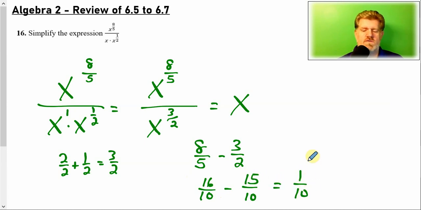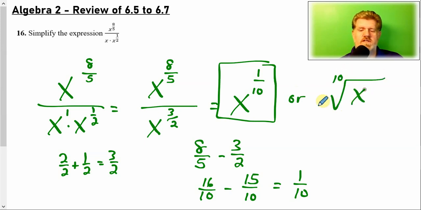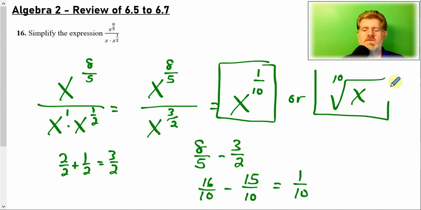Well, it's just a 1/10. That's the answer to that problem, x to the 1/10. Or, if you feel like it, because it's the same idea, you could put the 10th root of x. It doesn't say how to write the answer, so either of those is acceptable. Okay?